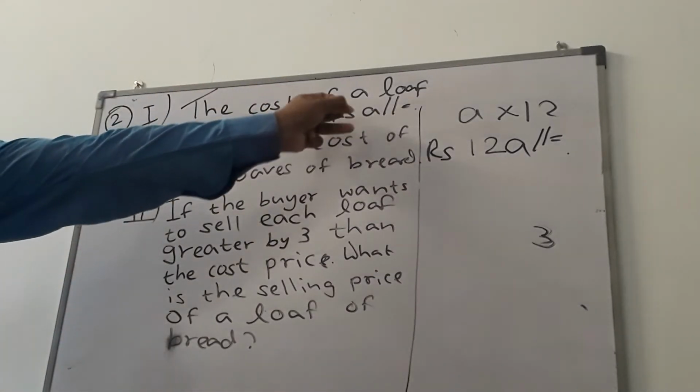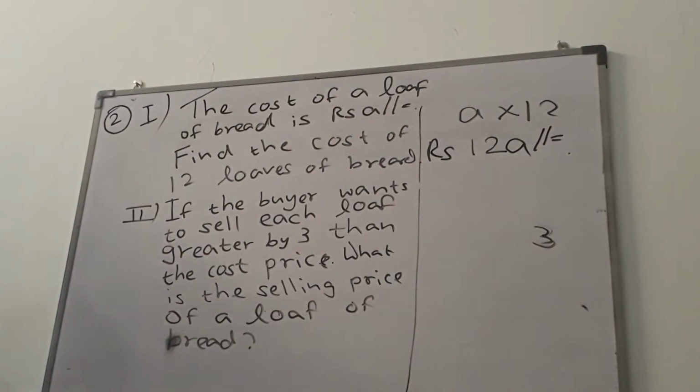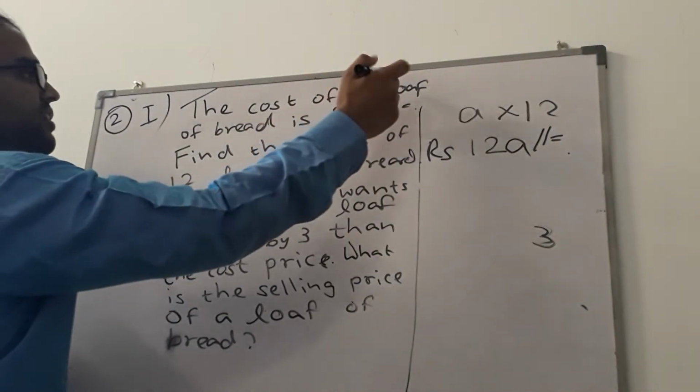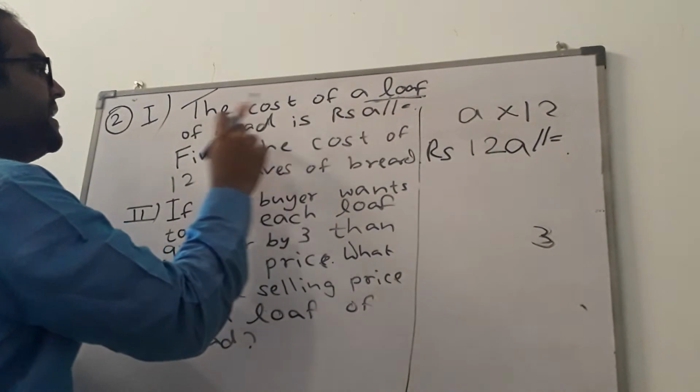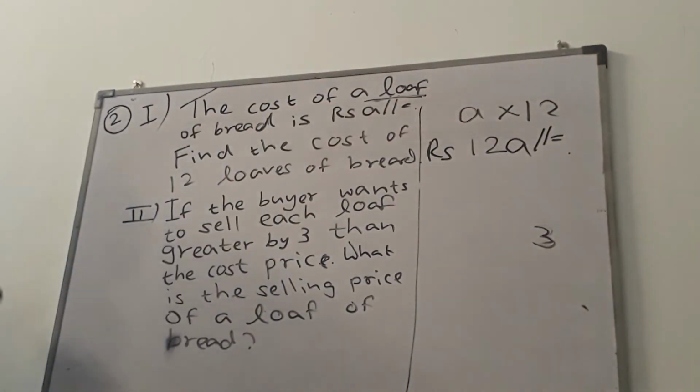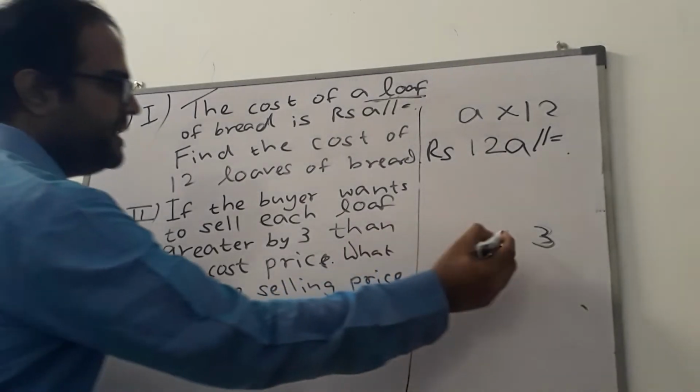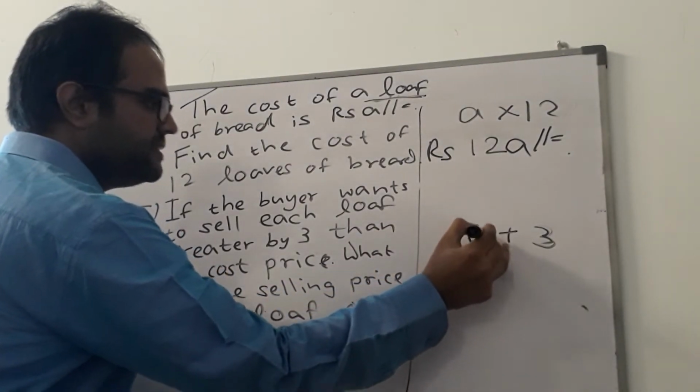The cost price of a loaf is A rupees, not 12A. So the selling price means we add 3 rupees more to A, so it will be A plus 3.